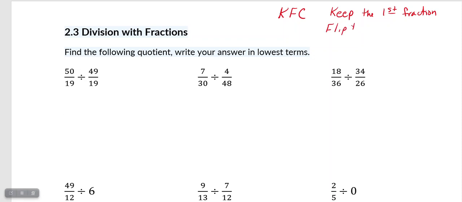So I'm going to flip the second fraction, which means I'm taking the reciprocal, changing top over bottom. And then the C is for change. I'm going to change the division to multiplication. Okay, so looking at the first problem in the first row, I keep the first fraction, I flip the second fraction, and I change the sign in the middle.